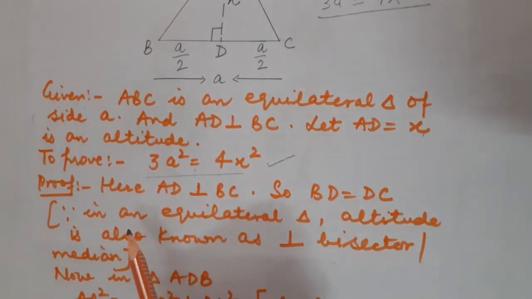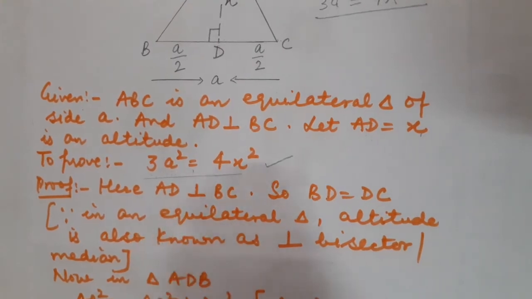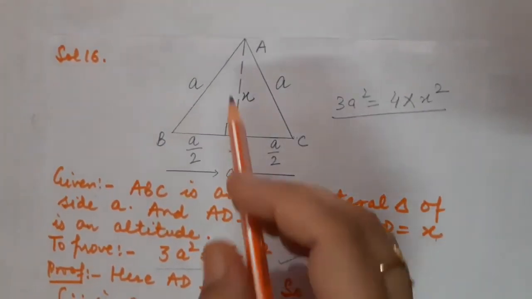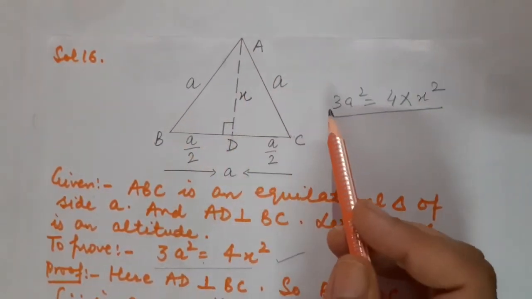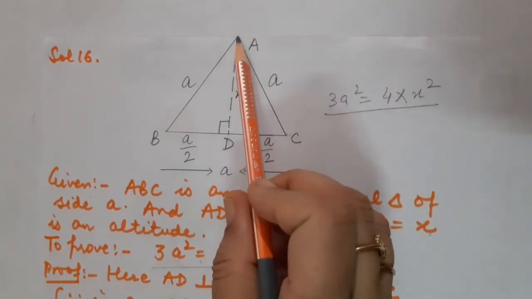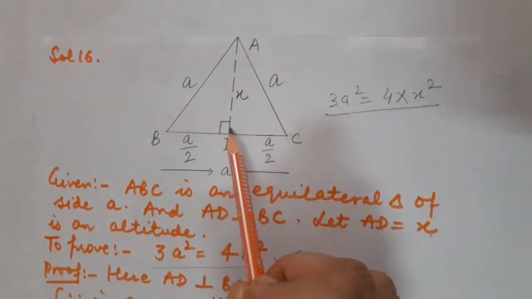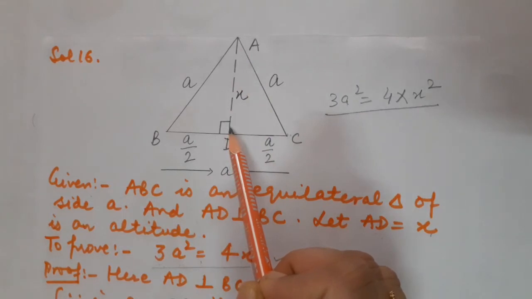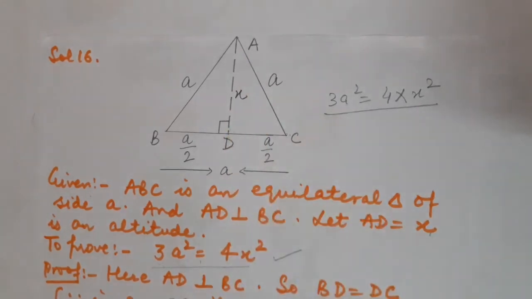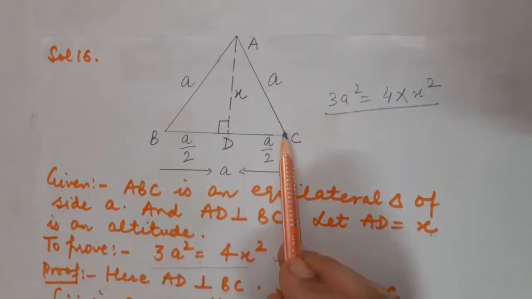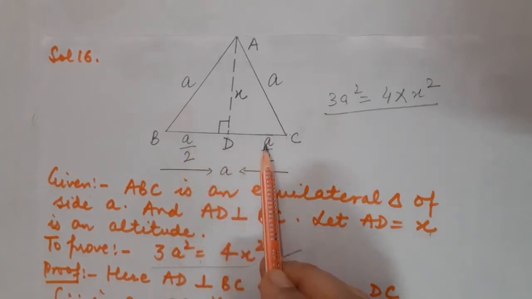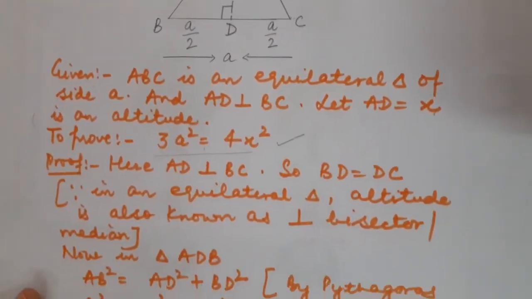Children, you know very well that in an equilateral triangle, median and altitude are one and the same thing. So, this altitude is also known as a median. It means it is going to divide the opposite side in two equal parts. Clear? So, what is the proof?